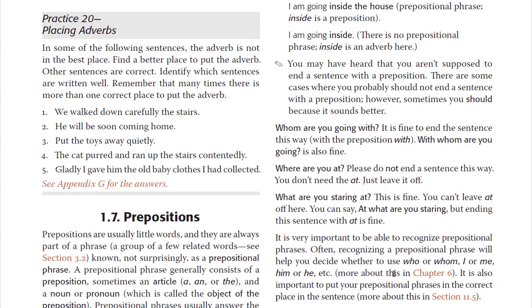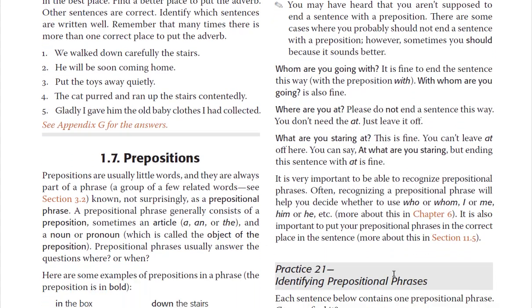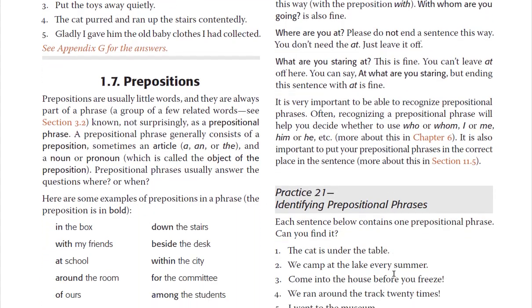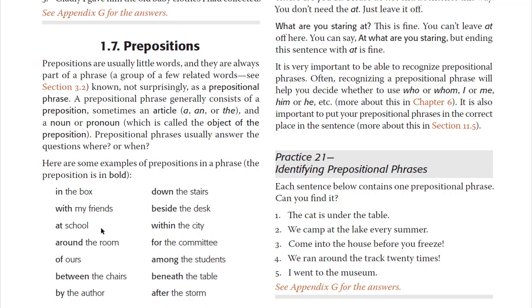So prepositions. Prepositions indicate time and place. So in the box, with my friends, at school, around the room, between the chairs, by the author. So here it shows place, like where something is. The cat is under the table. So under the table is a prepositional phrase.